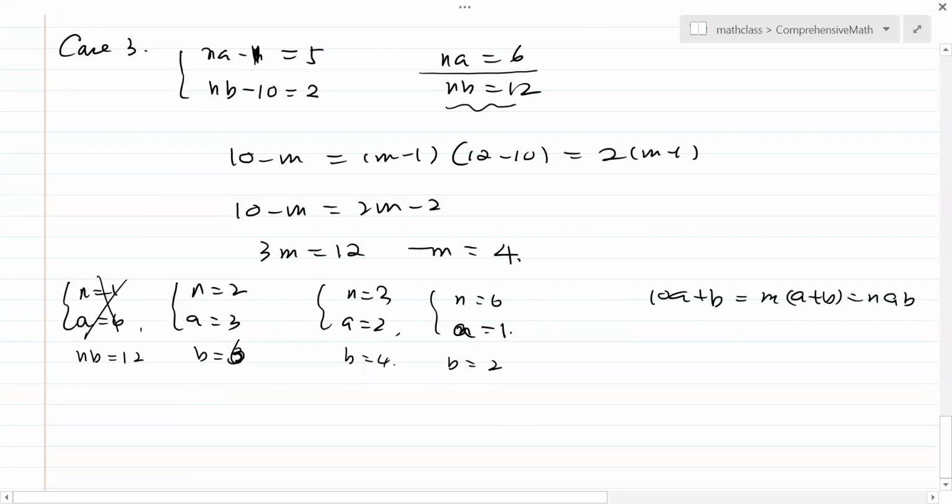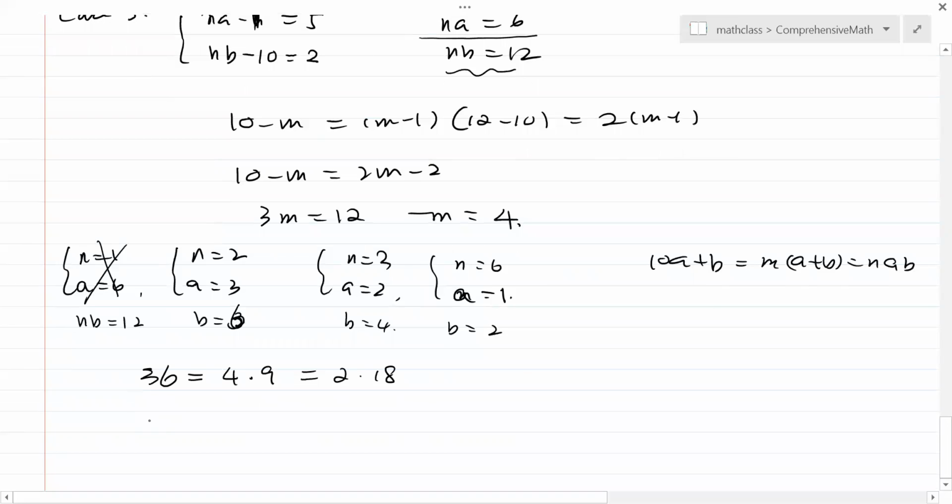right? So let's check whether it's correct. 36 equals 4 times A plus B, which is 9. Yeah, it's good. And it's also equal to 2 times AB, right? That works.